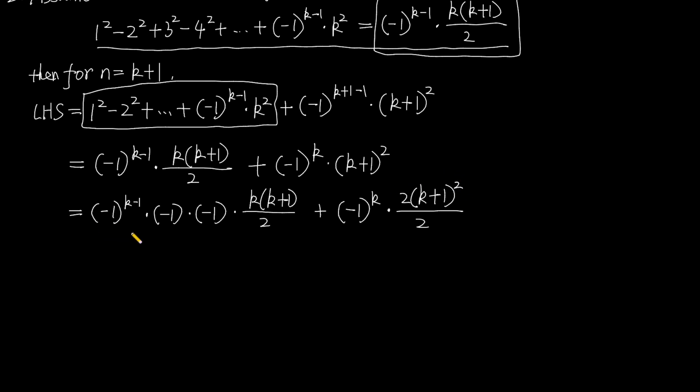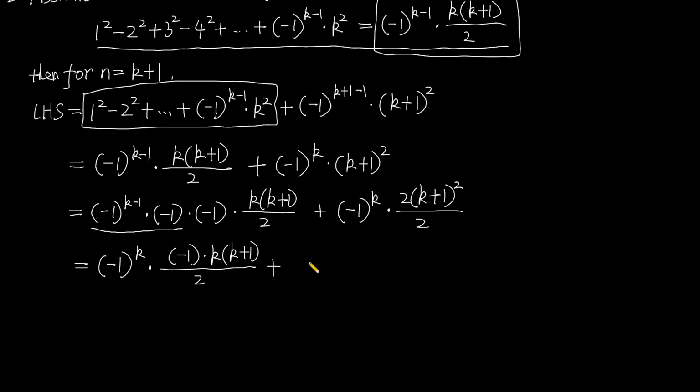Then look at here. This equals -1 to the power of p, then multiply 2 is -1 multiply p plus 1.